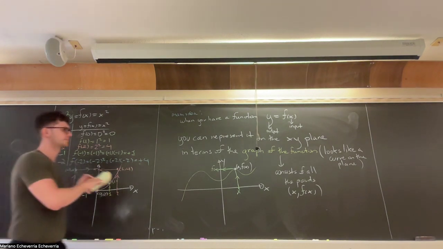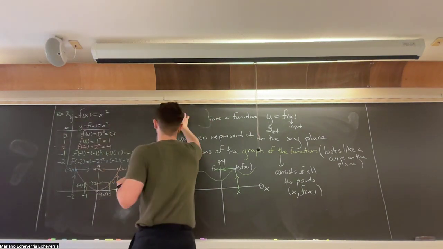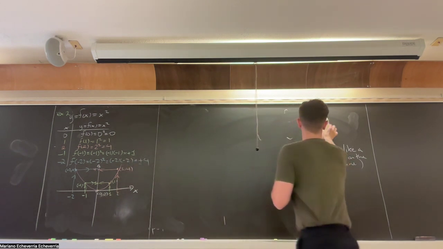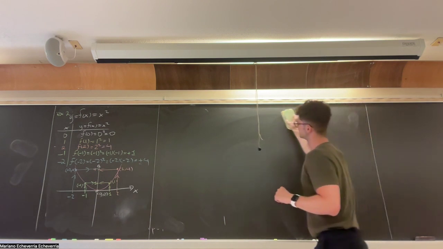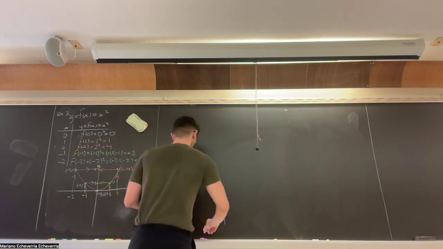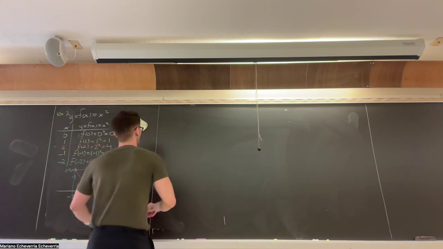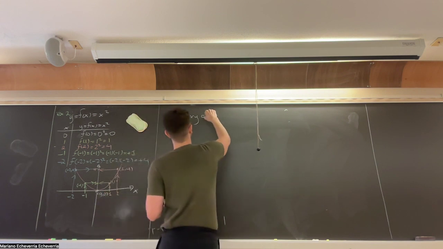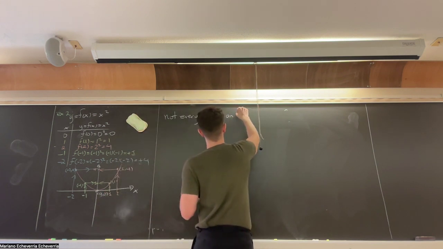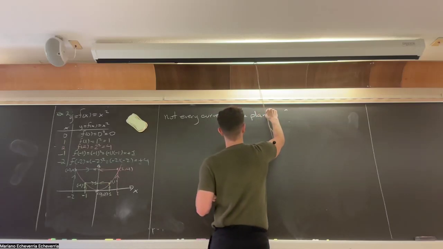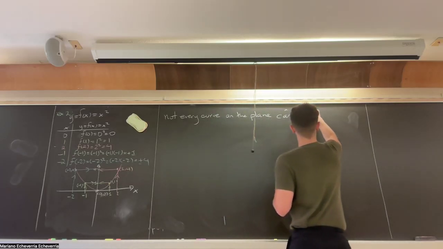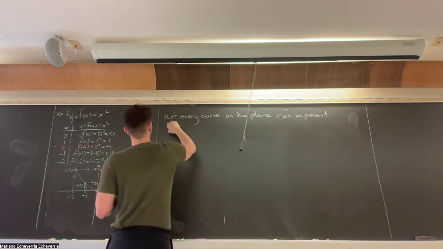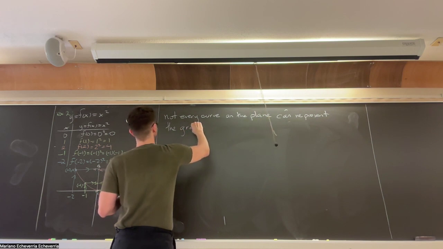So let me clarify that, which is related to the vertical line test. Not every curve on the plane can represent the graph of a function.